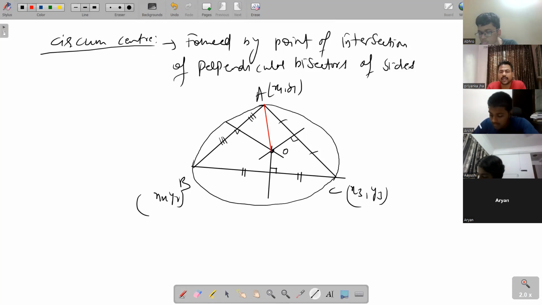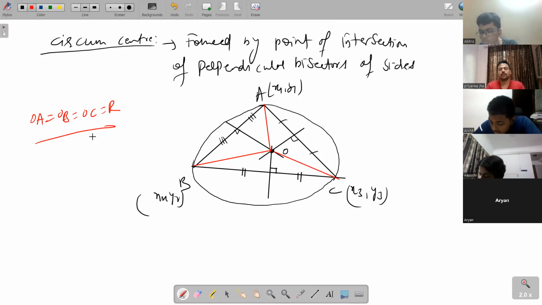It means that OA, OB, and OC all will be equal because they are radius of this circle. So if O is the circumcenter of a triangle, it means that distance of all the vertices of a triangle from that circumcenter will be equal.